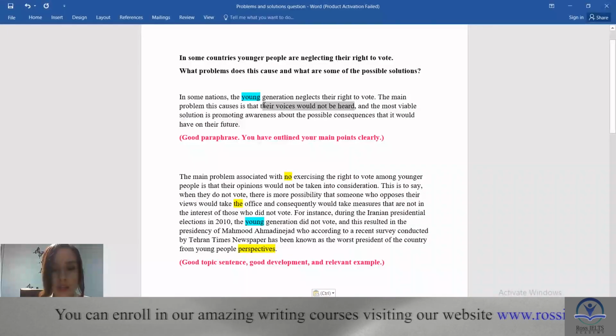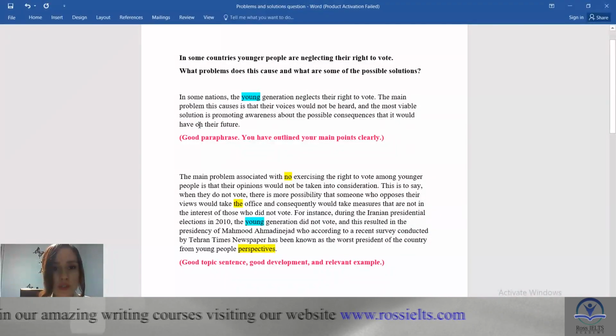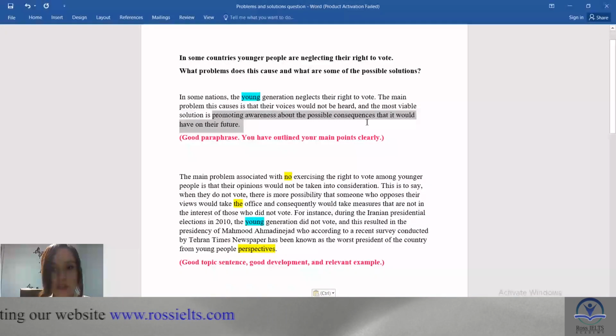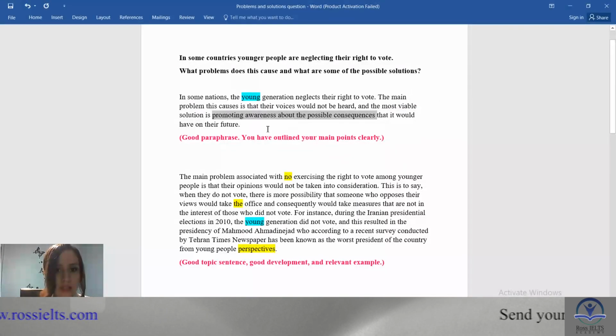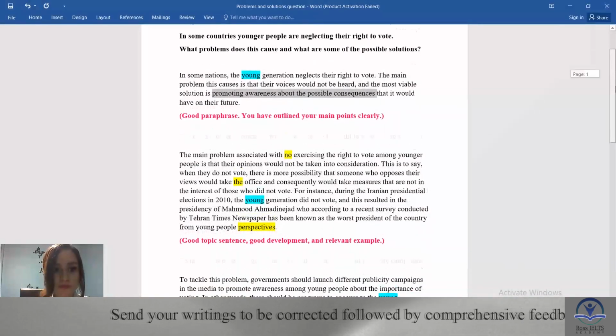And next, the most viable solution, here it says that is promoting awareness about the possible consequences. So here's the solution. So I would say that there is a good paraphrasing and the main points have been outlined clearly. So the task response in the first paragraph is good.